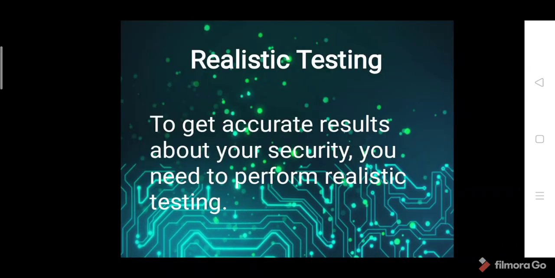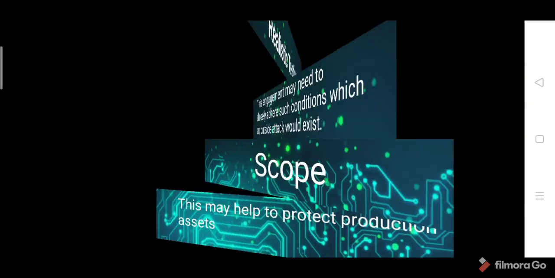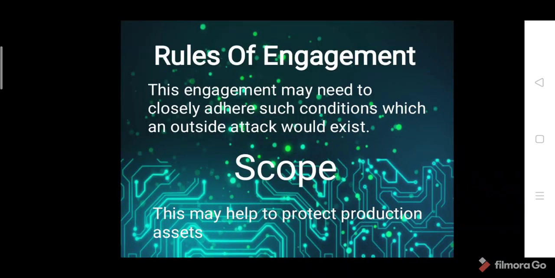Realistic testing. To get accurate results about your security, you need to perform realistic testing, which means conducting the assessments in a way that is a taller order than it sounds. Rules of engagement.